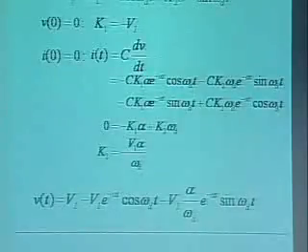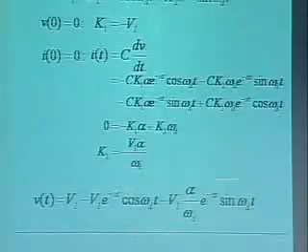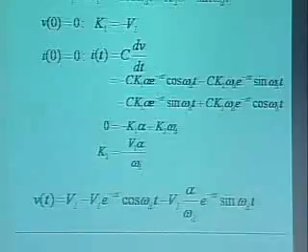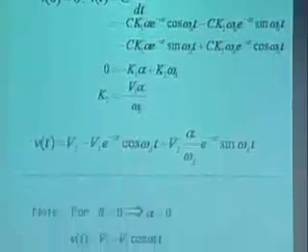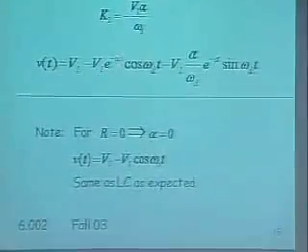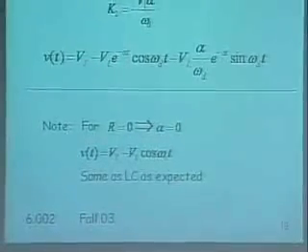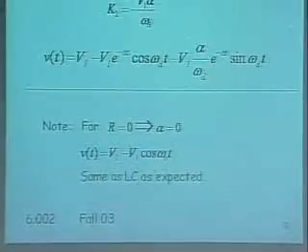Oh, but before I go on to do that, let's do the Feynman trick again, and notice if I'm still true to the LC circuit I did the last time. Remember, when R goes to 0, alpha goes to 0, because alpha is R divided by 2L. So if alpha was 0, what happens to me? If alpha was 0, this guy goes to 1. This whole term goes to 0.